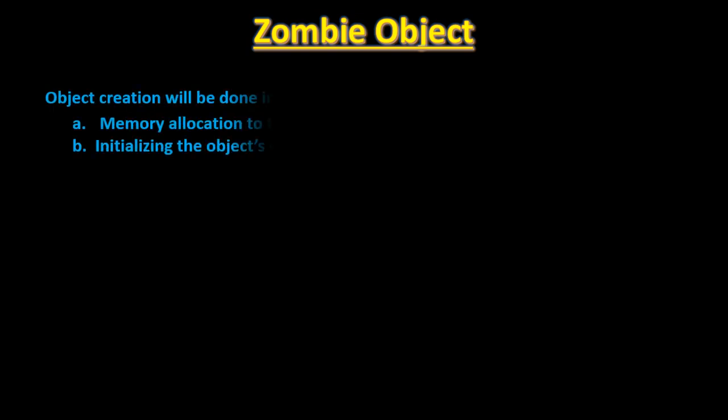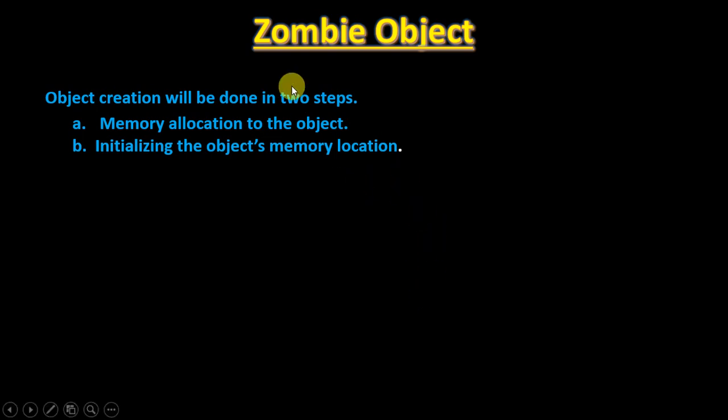So then, what do you mean by zombie object? First, how is an object created? Object creation will take place in two different stages. One is allocating memory for the object, like how much memory is required, then initializing that object's memory. Once these two steps are completed, then only we can say that object creation is successful. Say, for example, only memory allocation is done and the initialization step is not done, then we can say the object is not created.